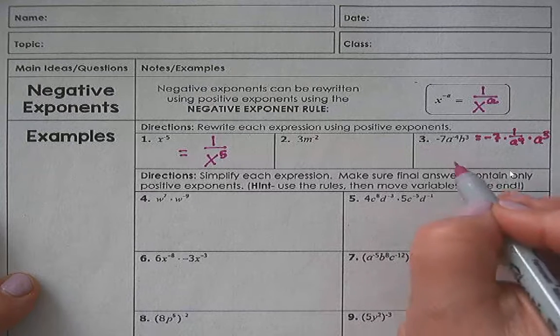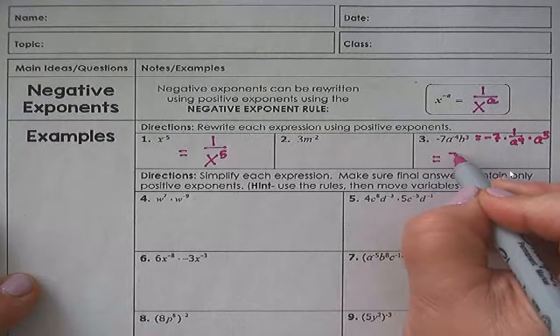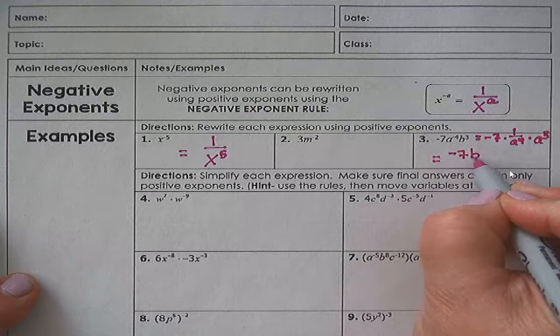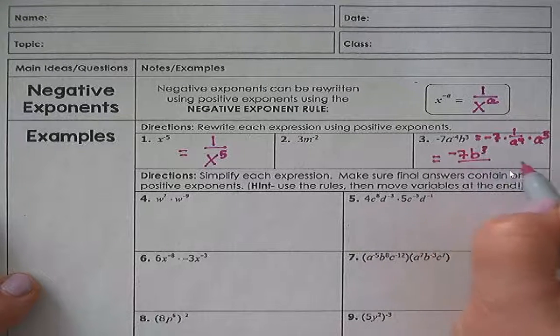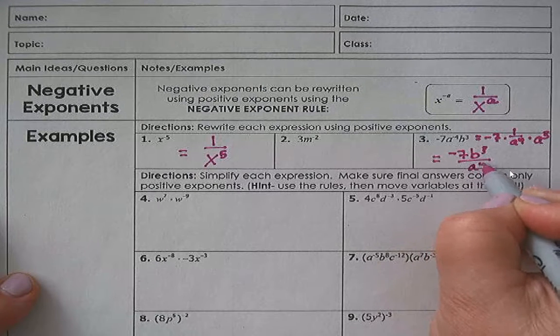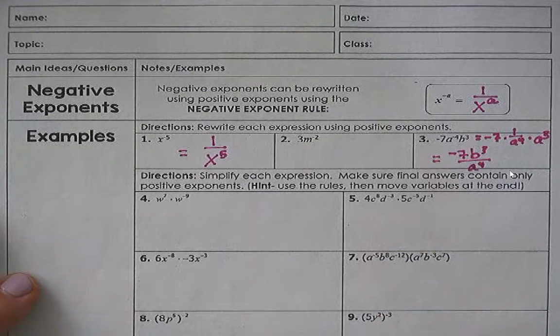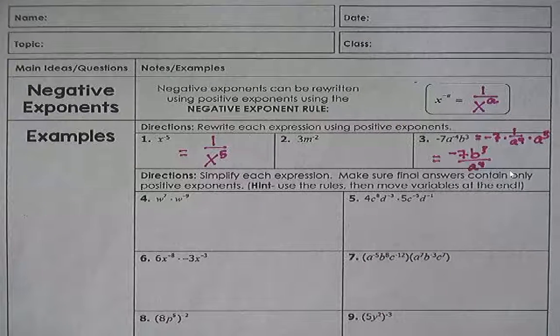We can put this all in one fraction by putting the negative 7 and the b to the 3rd in the numerator and the a to the 4th in the denominator, like that. So basically, everything that has a negative exponent moves to the denominator, but when you move it, you make the exponent positive.